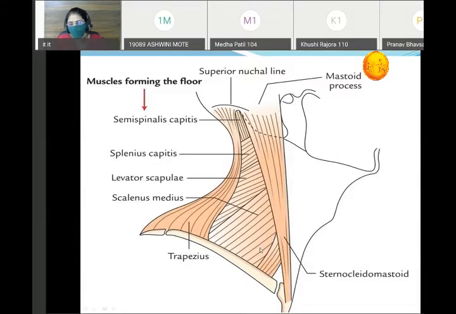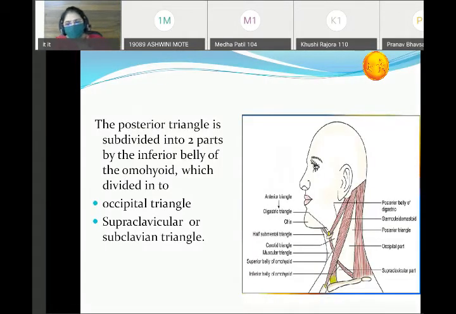So this is the posterior triangle, that is the boundaries, the floor and the roof. And the divisions we have seen: it is divided into two triangles, the upper larger occipital triangle and the lower smaller supraclavicular triangle or subclavian triangle.